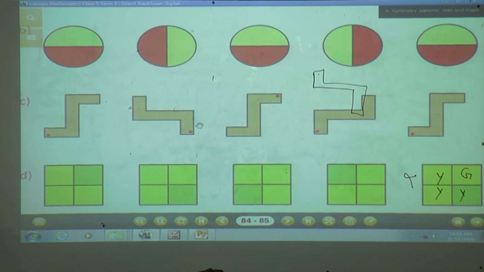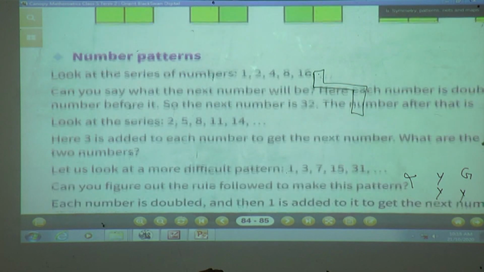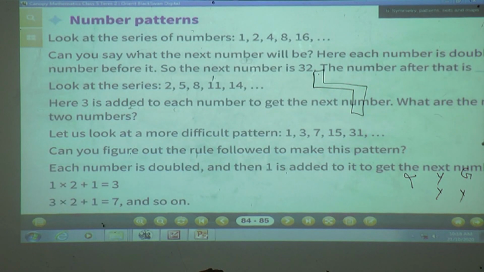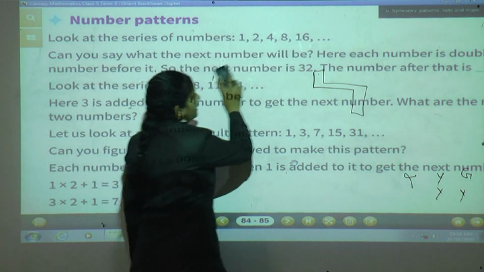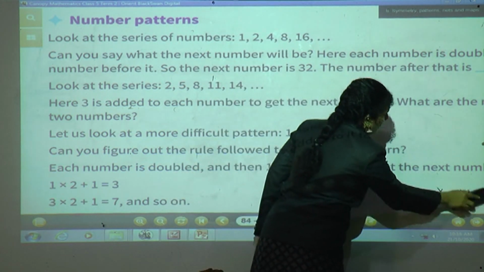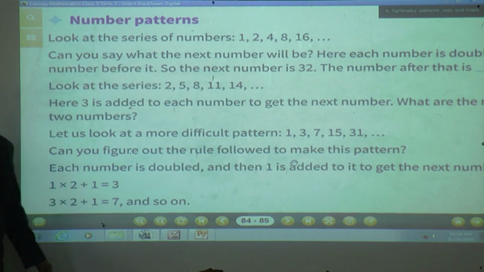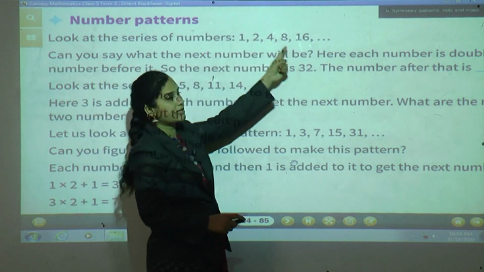Now we'll see number pattern. Here look at the series of numbers 1, 2, 4, 8, 16. Students, just now I told you about squares, isn't it? Now they have given the square series.